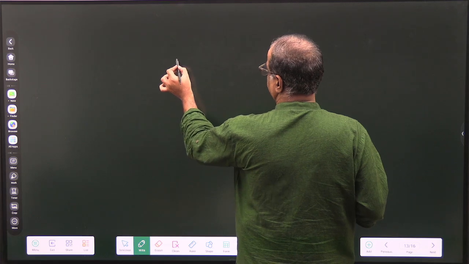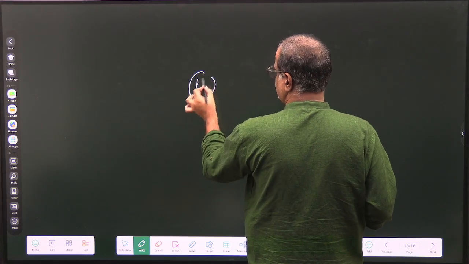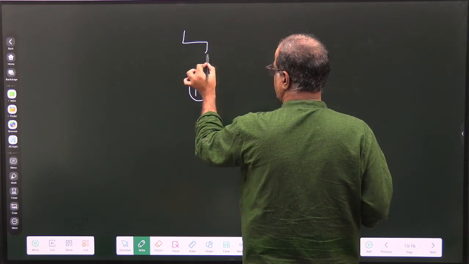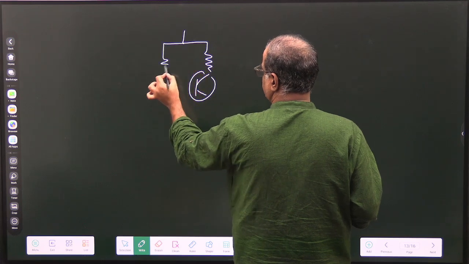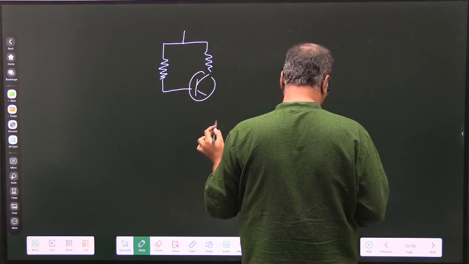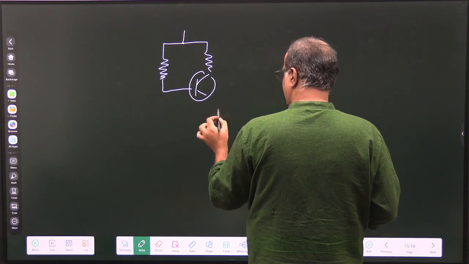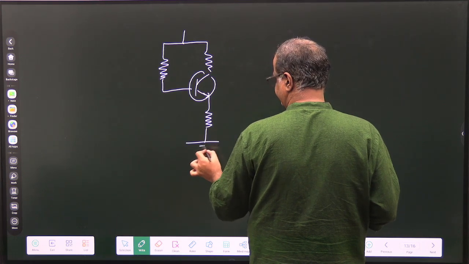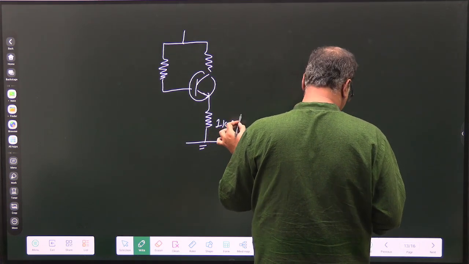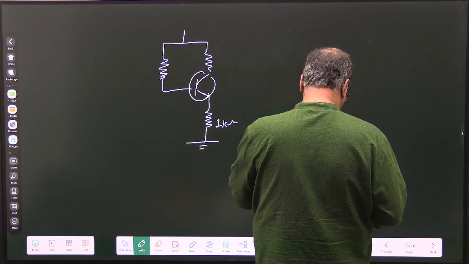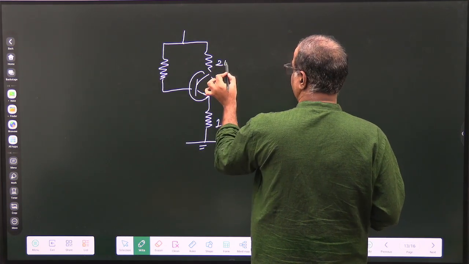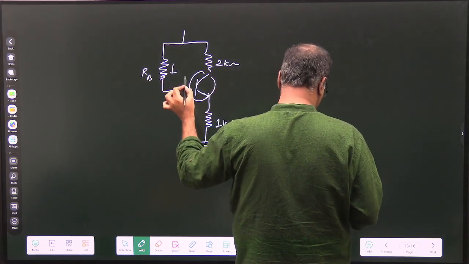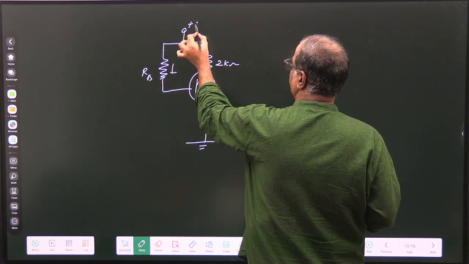So this is the fixed bias circuit. You have a 1 kilo ohm, and then a 2 kilo ohm. This is RB equals to 0. Okay, 20 volt.